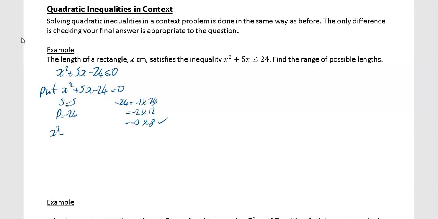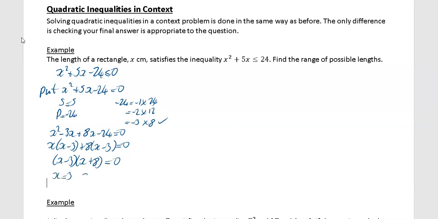So rewrite your equation again. It's x squared minus 3x plus 8x minus 24 equals 0, which means x(x minus 3) plus 8(x minus 3) equals 0, which means (x minus 3)(x plus 8) equals 0, so x is equal to 3 or x is equal to minus 8.